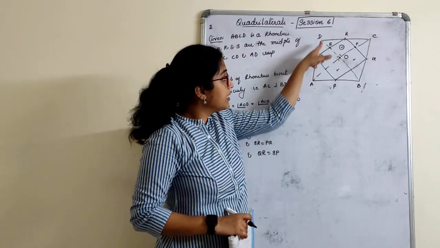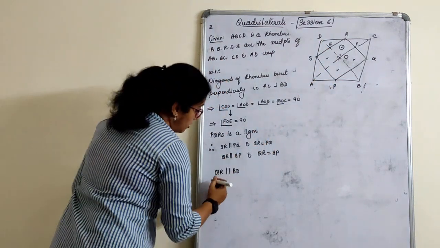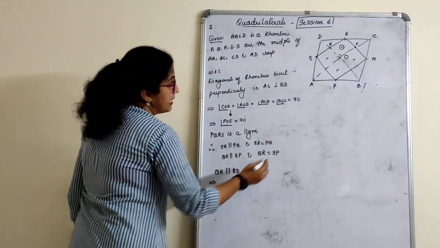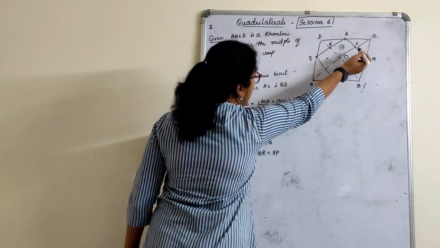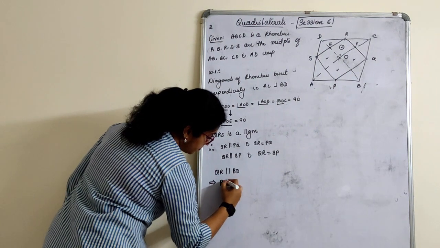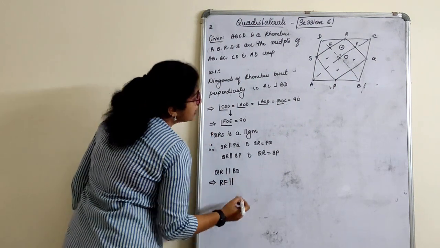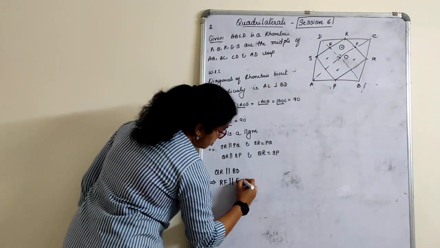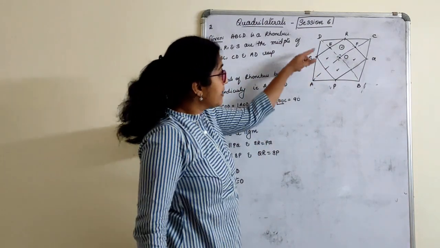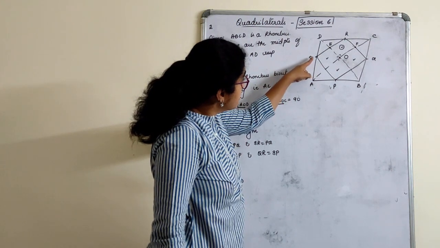We know that QR is parallel to BD. This also implies QR, I will take the point as here RF. RF is also parallel to EO. Anything you can take. I can also say this.